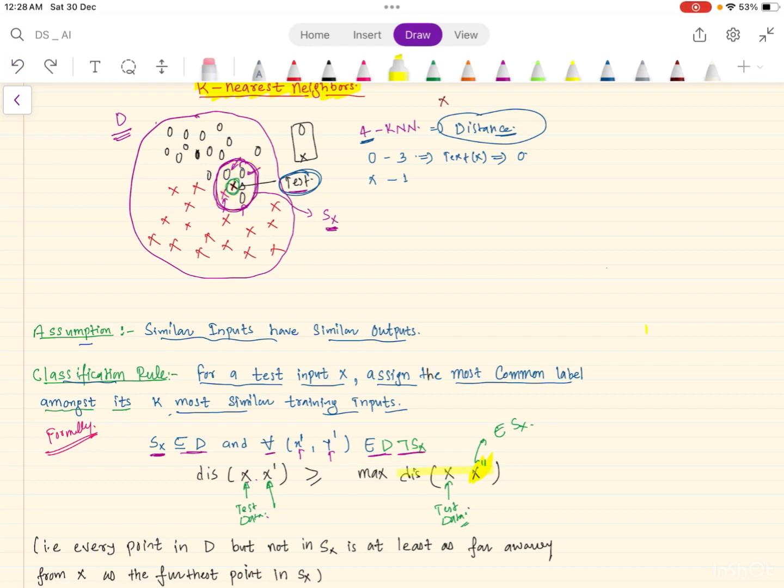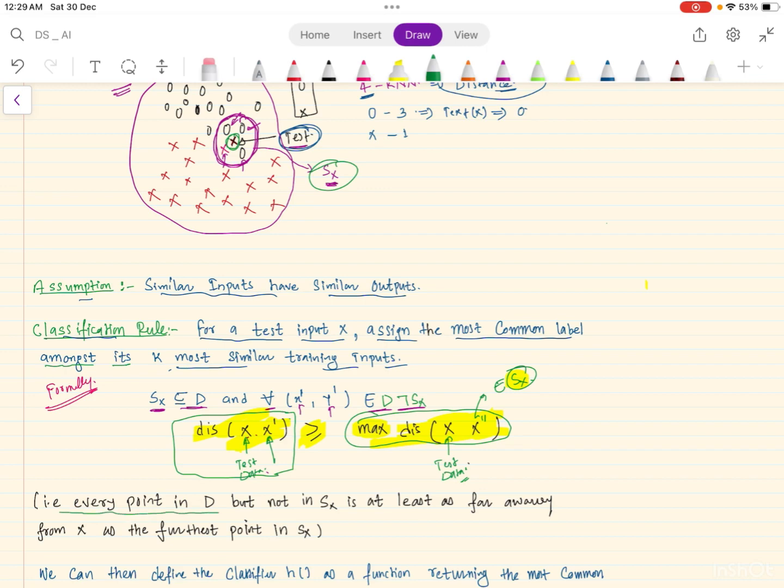We are calculating the distance between the test data and the data that belongs to Sx, and we are taking the maximum of it. Here we are calculating the distance between the test data and the data that doesn't belong to Sx, and this distance should be greater than or equal to the maximum of the other distance, right? What does it mean? That all the data that doesn't belong to the k nearest neighbors should be farther away than the maximum distance of the data that belongs to Sx. I hope it makes sense, and this is how we can formally define it.